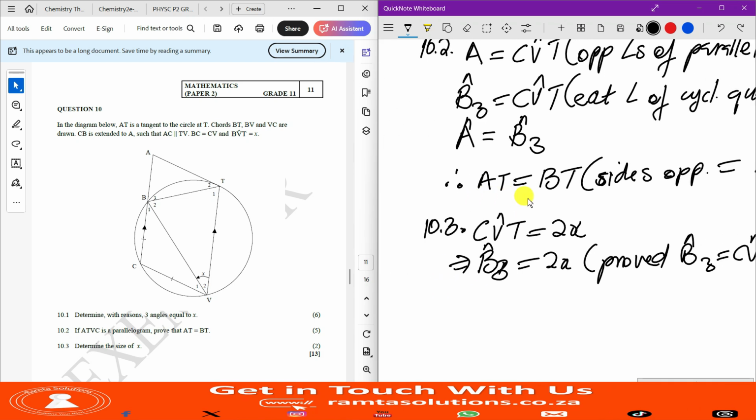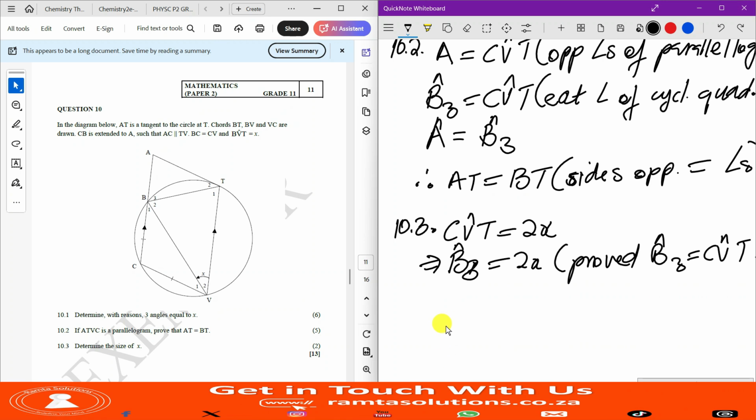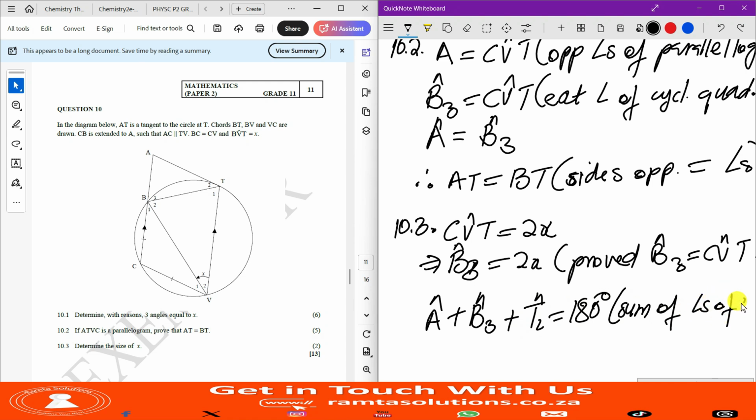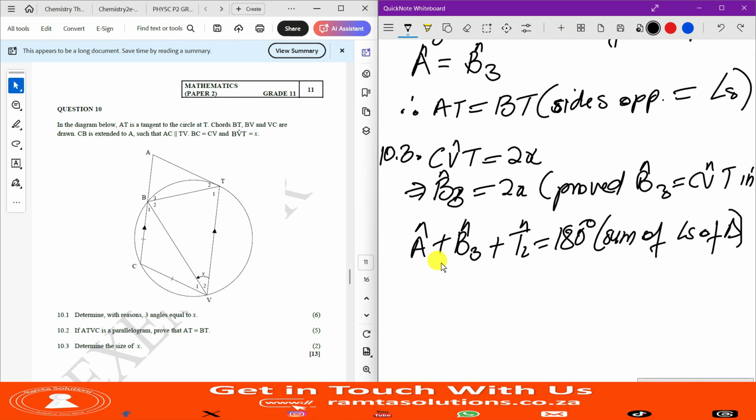Now we can proceed and say angle A plus angle B3 plus angle T2 is equal to 180 degrees. Why? This is sum of interior angles of a triangle. What is A? We said angle A is equal to angle B3, so this is 2x.